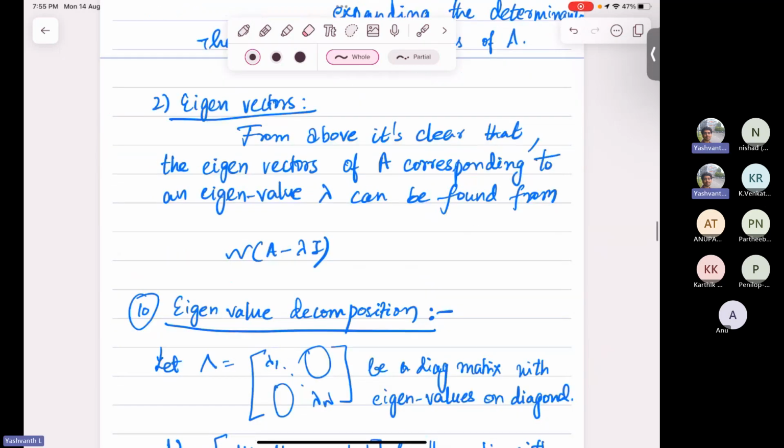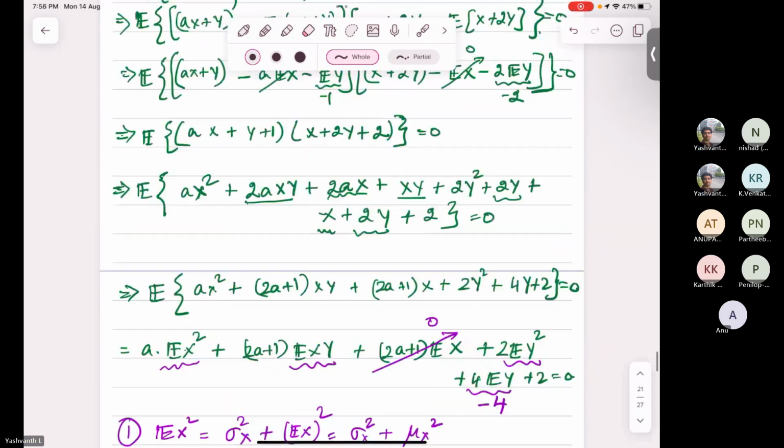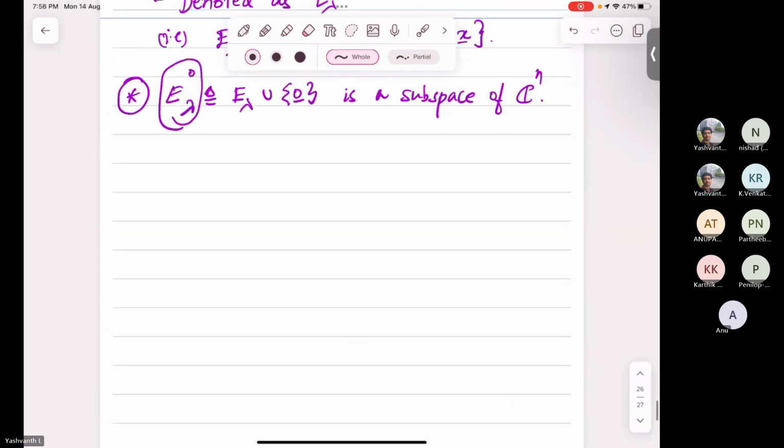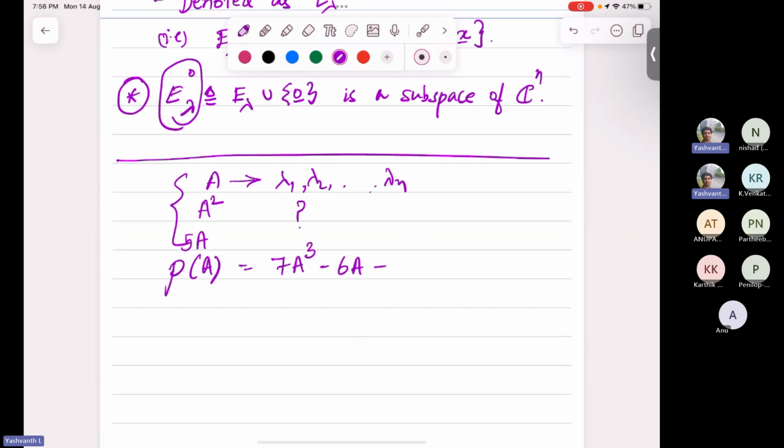And then we will see some very important properties of eigenvalues. Suppose I know that matrix A has eigenvalues lambda 1, lambda 2, and so on to lambda n. How will the eigenvalues of A square be? Is there any relation between the eigenvalues of A square and A? How will the eigenvalues of 5A be? And for any polynomial, for example 7A cube minus 6A plus 2I.